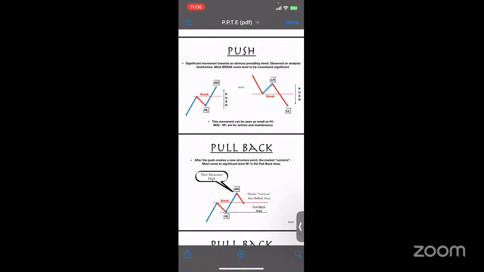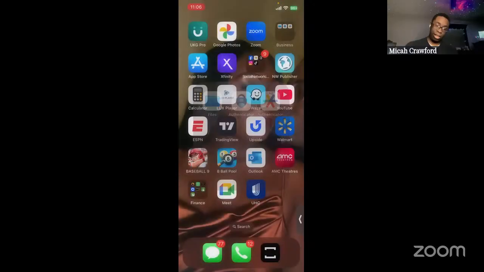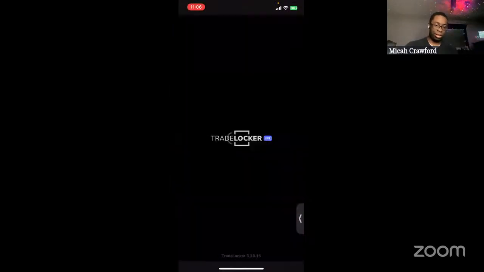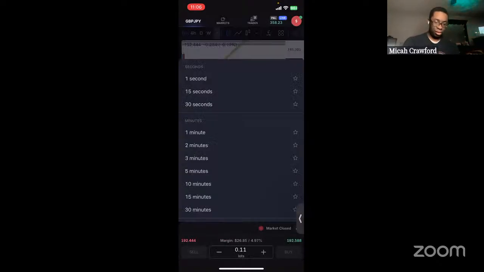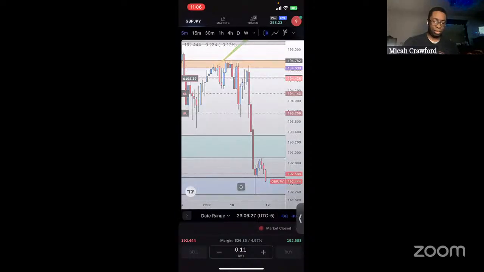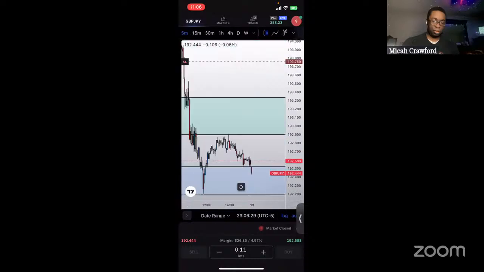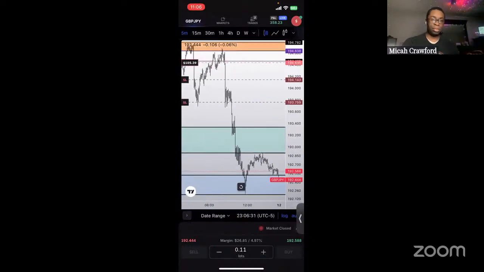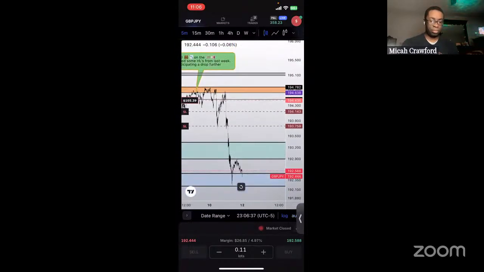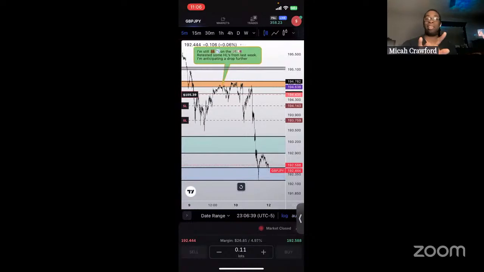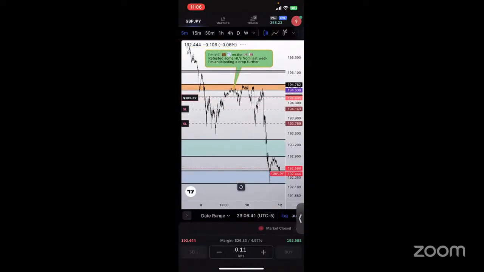So we're gonna look at it right now. What time frame is clearer? Is it the 5 minute? But guess what? Can you see the same thing using the 5 minute chart?